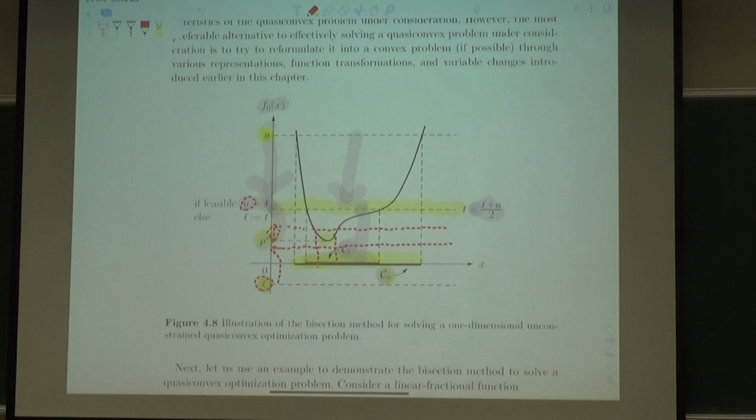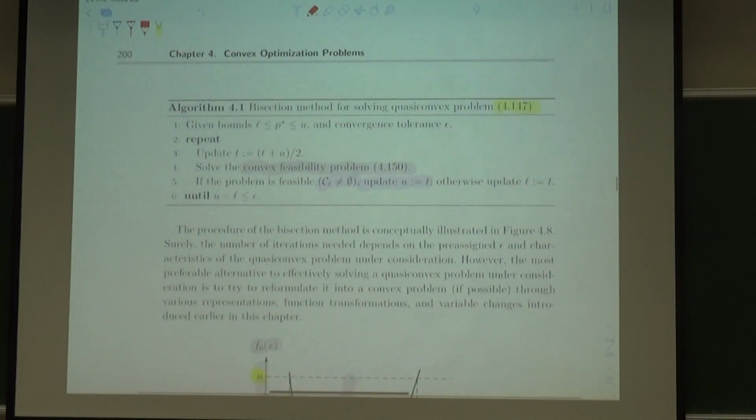So you just update U and L. Finally, when the distance between U and L is lower than a certain parameter, which we call the absolute tolerance, we say it converges. So this is the algorithm.